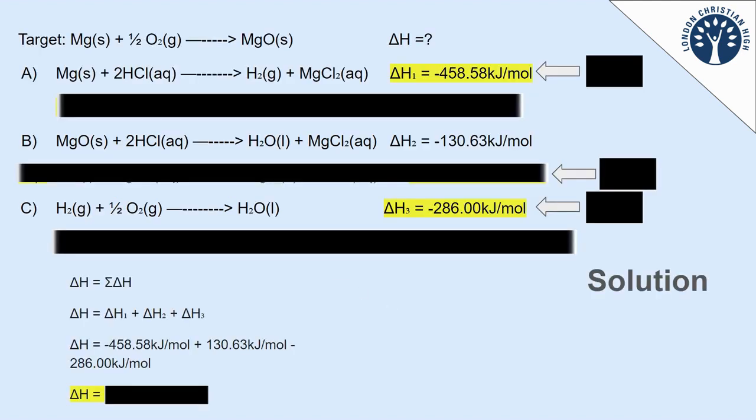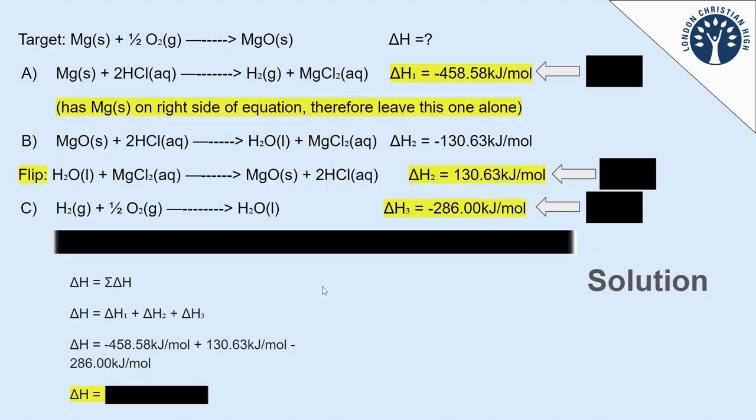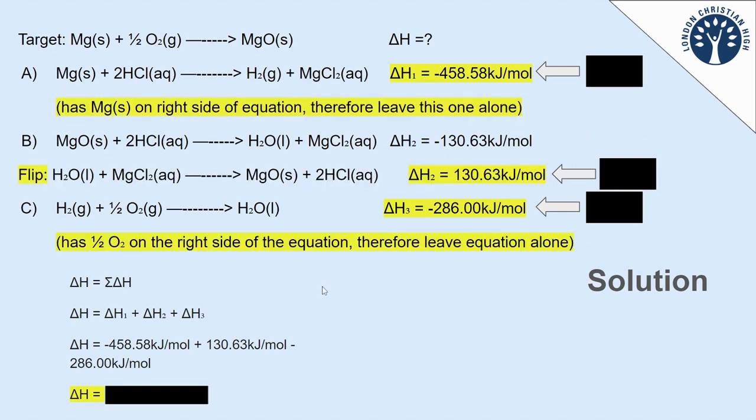So, here's the solution. Basically, we started by looking for similarities between the target reaction and the given equations. We found similarities in each one, but only equation B needed to be changed, so that we had MgO solid on the right side of the equation.